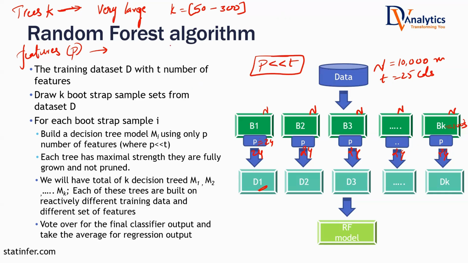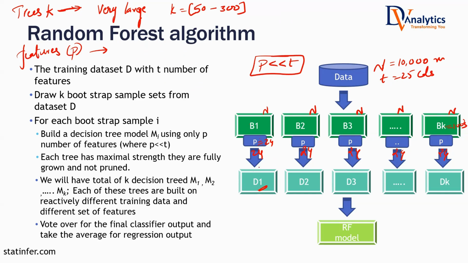What happens if P is a very large number, almost equivalent to T? What happens in that case? So there will not be a significant lift in the accuracy. What will happen? Think of it once again. What was the original issue with random forest that was faced by the data scientists when they first used it? Chances of redundant trees.